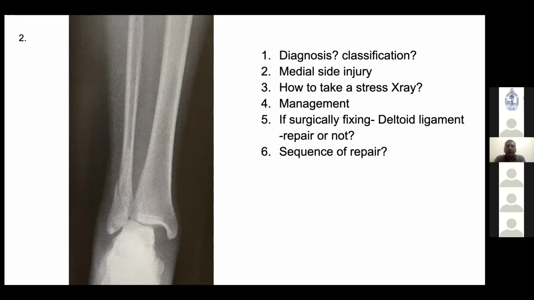So what could be the reason for this increased space? Is there some radiolucent tissue there? So the torn deltoid ligament can be there in between the talus and the medial malleolus. Yes. That could be the reason for increased joint space.